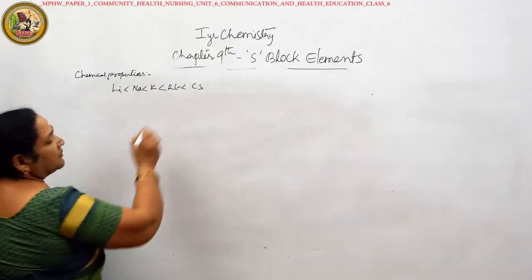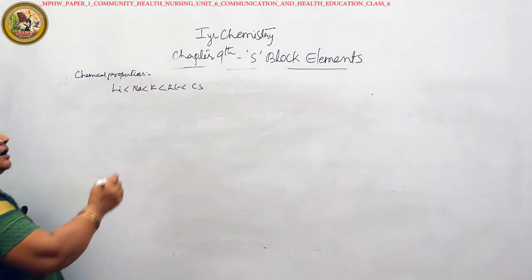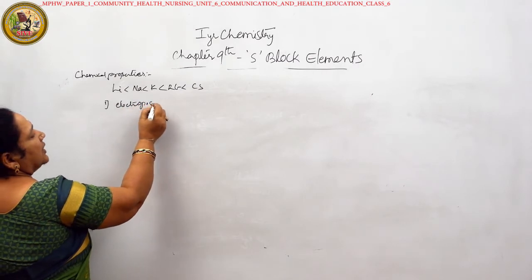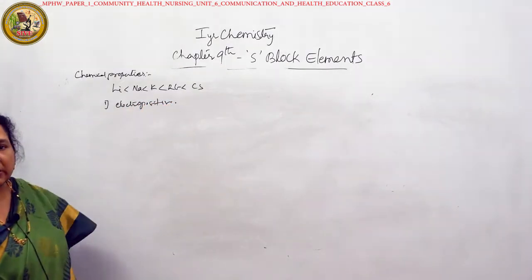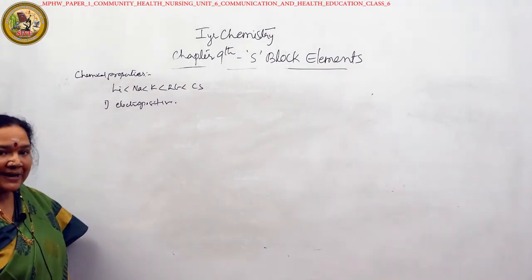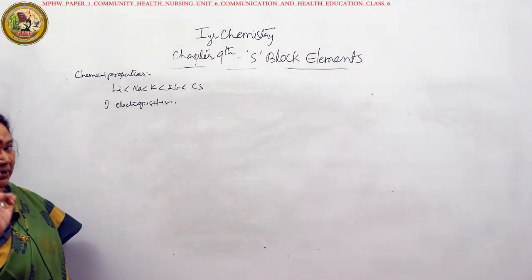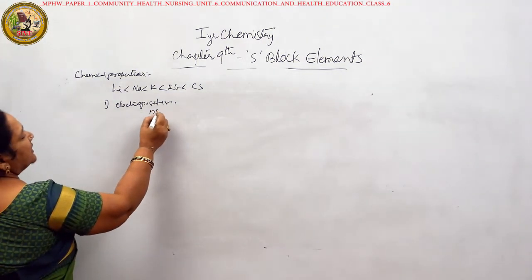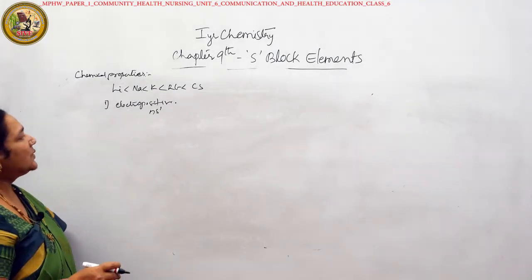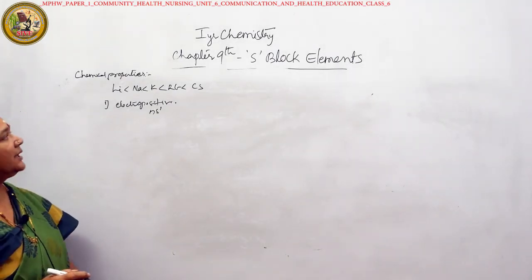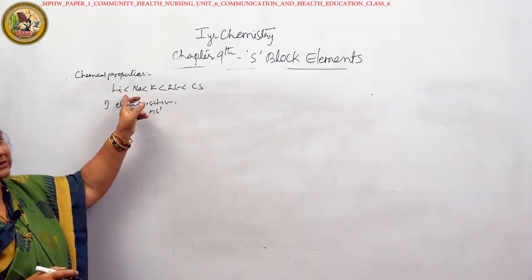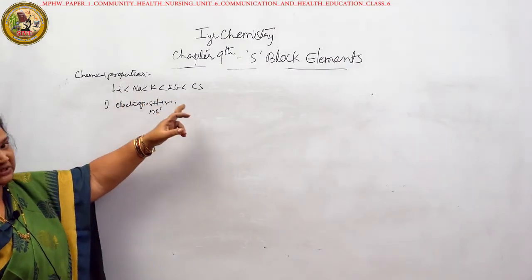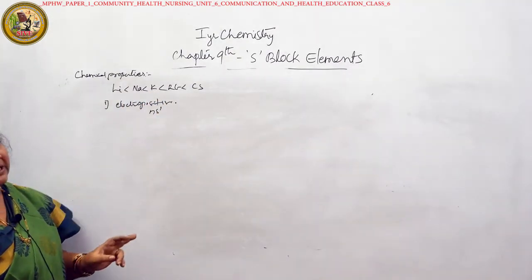All are highly electropositive elements. That means they enter into reactions by giving off the one electron present in the outermost orbit, their ns1 electron, so they act as highly reducing agents. Lithium is the least reactive, next sodium, next potassium. That means cesium is the most reactive one and lithium is the least reactive one.